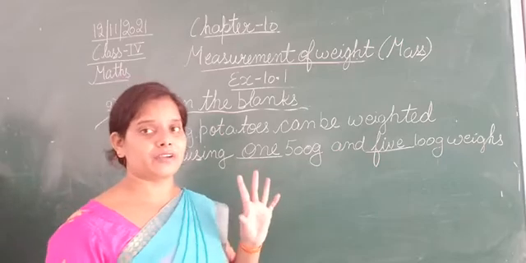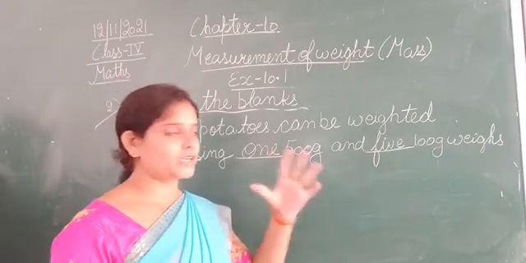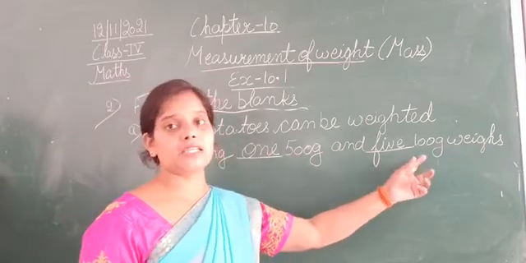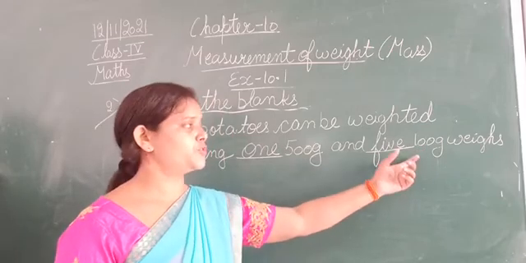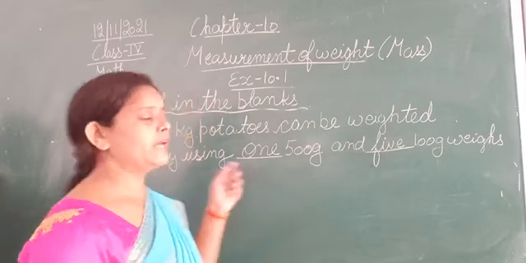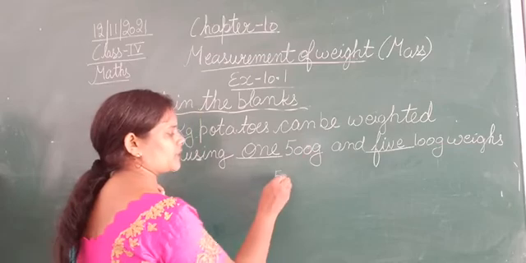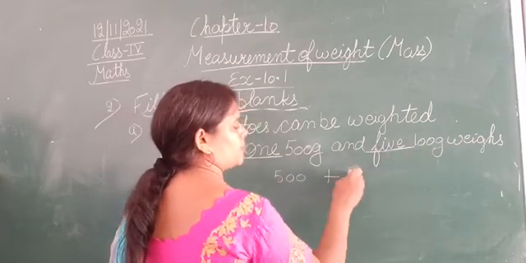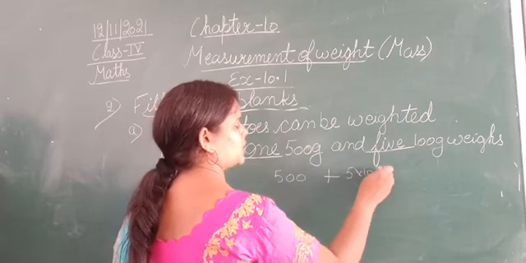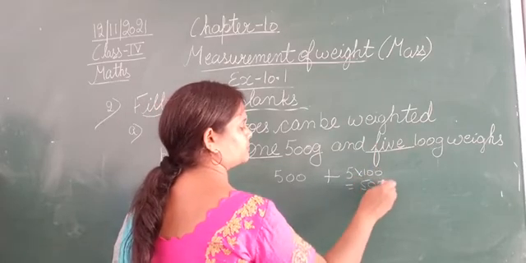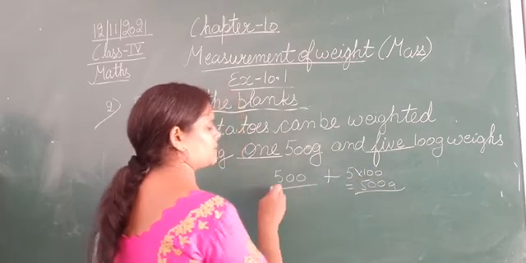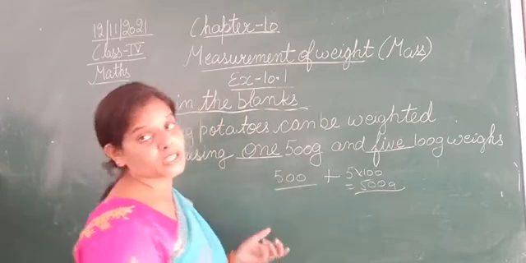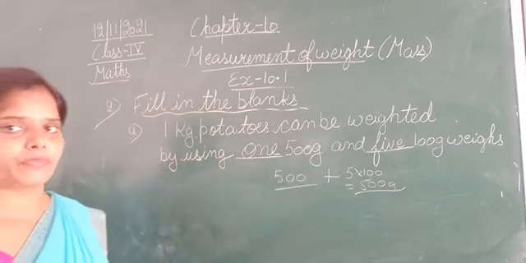One 500 means 500, and 500 means 5 into 100, this is 500. देखो 500 का एक होगा, that means 500 plus 5 of 100. 5 होगी 100 grams की. That is 500 gram. So 500 gram and 500 gram, 1000 grams is equal to 1 kg. Clear?